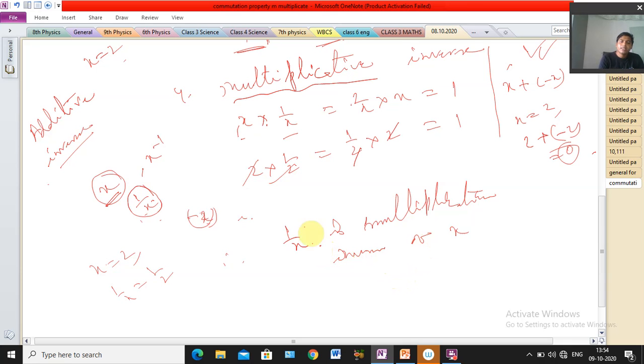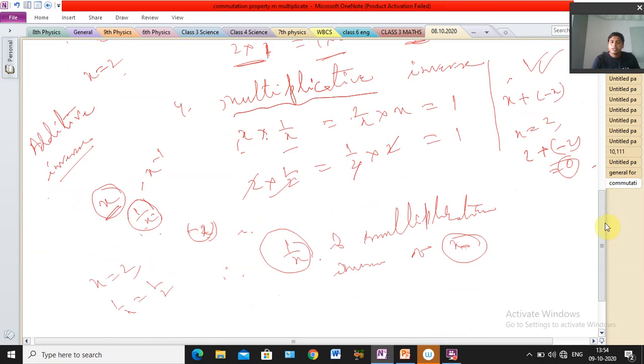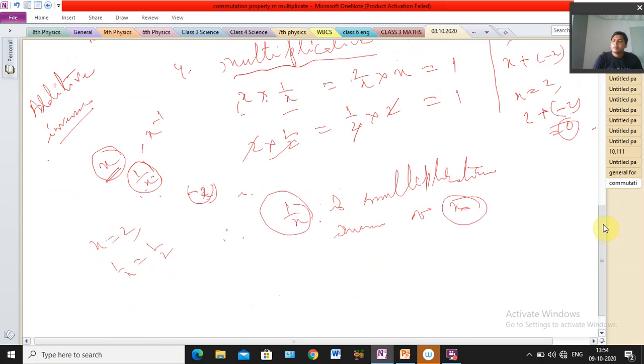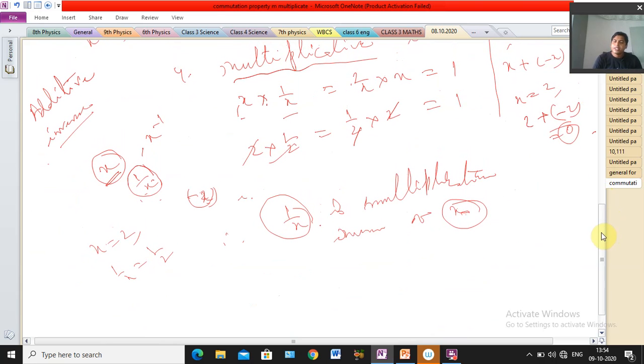Because if we multiply these two things, 1 by x and x, we get 1. So these are the 4 properties for multiplication, and I told you before that for addition also there are 4 properties.